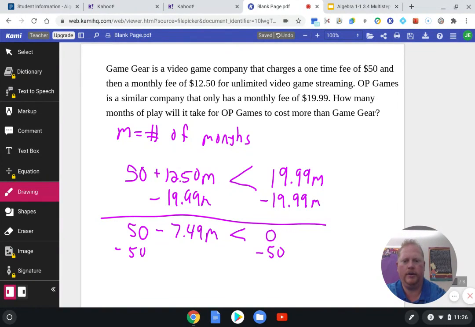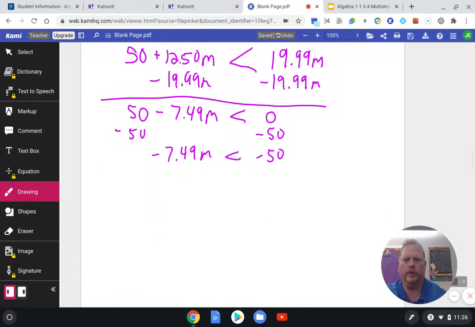Subtract 50. Divide by negative 7.49. And let's go ahead and get our handy-dandy calculator. And while we're typing this in, can anyone spot my mistake?